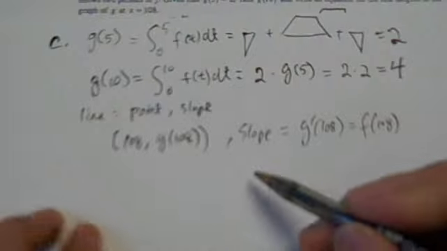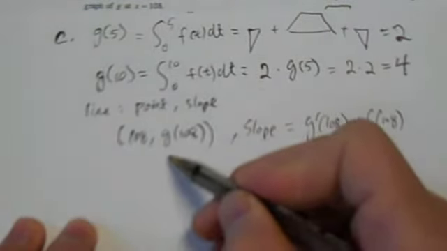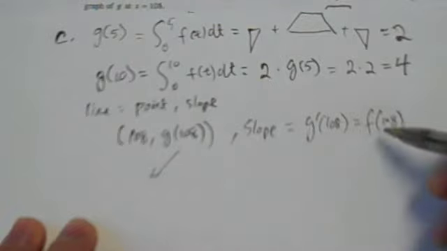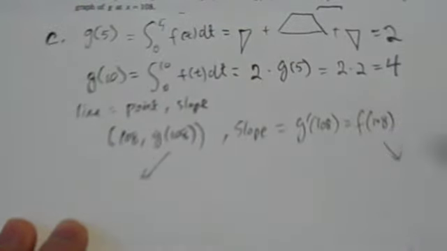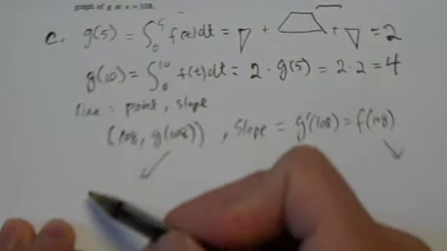So then we had to look at the graph and deduce what would be the value of f at 108. So we had two different jobs here. We had to find out what this is, and we had to find out what this is. You see? So let's start with g of 108.